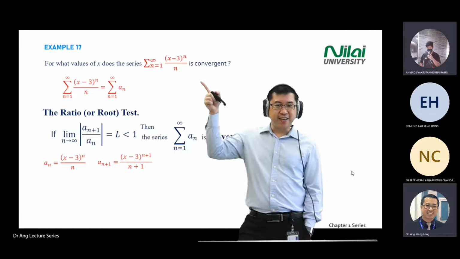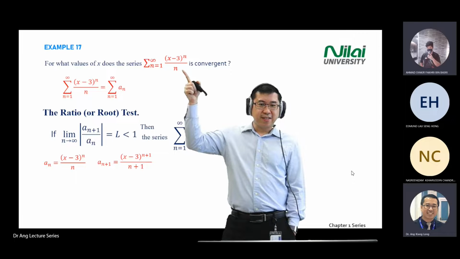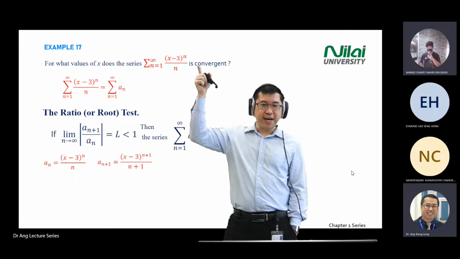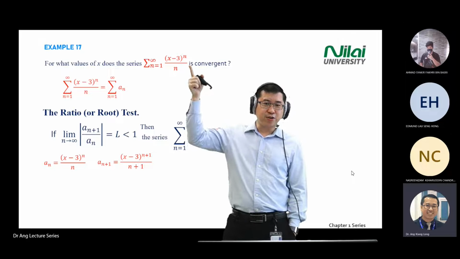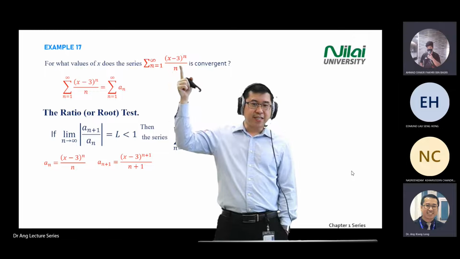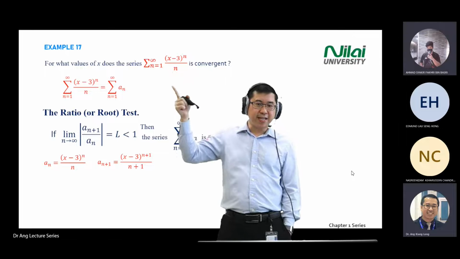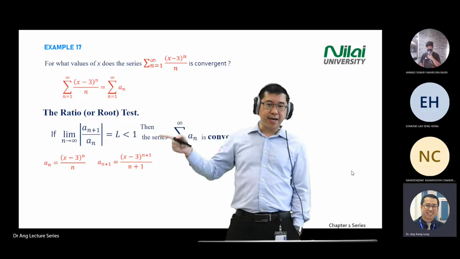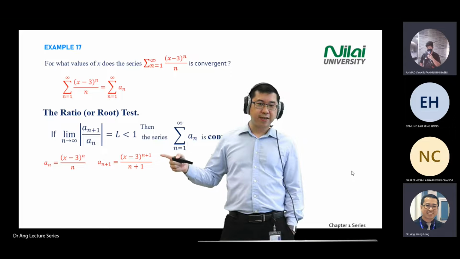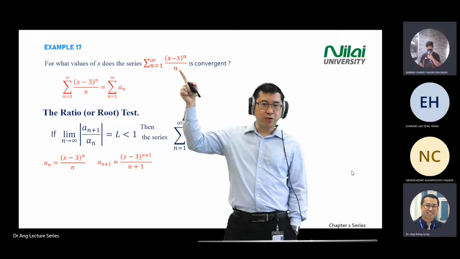You only change the n. You need to change the n to become n plus 1. The general structure of the equation doesn't change. x minus 3 to the power n, right? Now what you want to get for n plus 1? You just change the n to become n plus 1. And then what happened to the n below?